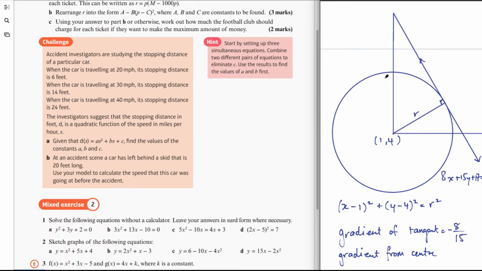Okay. Actually, so this is the way I'm going to do it. I'm going to say this is the y-intercept of 17 on 15. This is the x-intercept of 17 on 8.